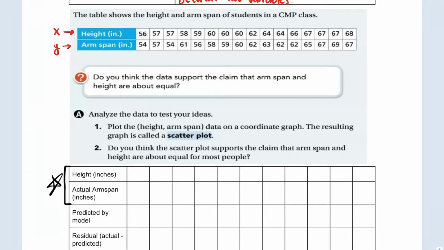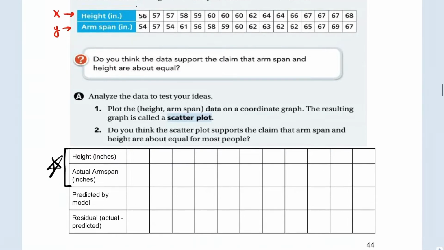All right, because I'm not there, I'm going to use this table here. So what's important to know is that your height is going to be your independent variable, and your arm span is going to be your dependent variable in this case.